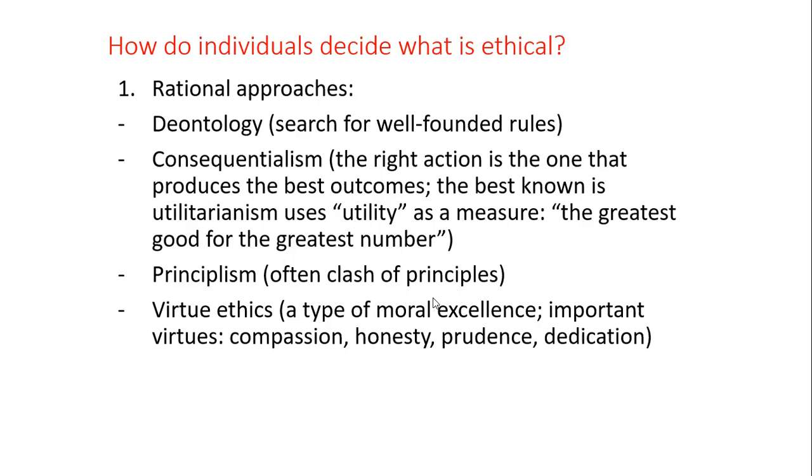Then we also have what is now popularly known as principalism. Principalism here refers to the ethical precepts which the authors of Principles of Biomedical Ethics, Beauchamp and Childress, put together.